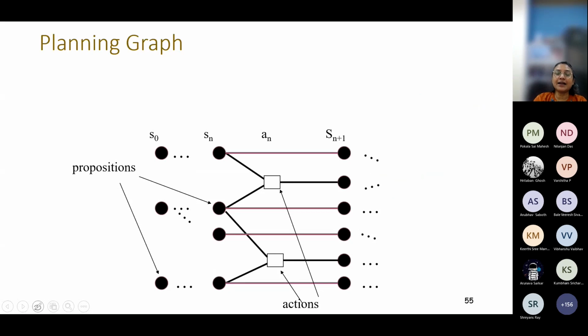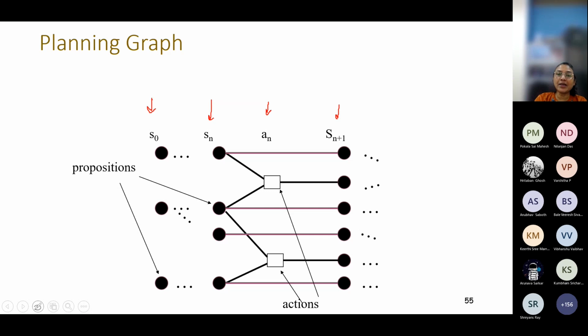So this is how a planning graph looks. In the beginning, we have this proposition S0, right? So this is an odd layer. So this is also an odd layer. Let us say we have Sn, the set of propositions, then An is the set of actions, and Sn plus 1 is a set of propositions.